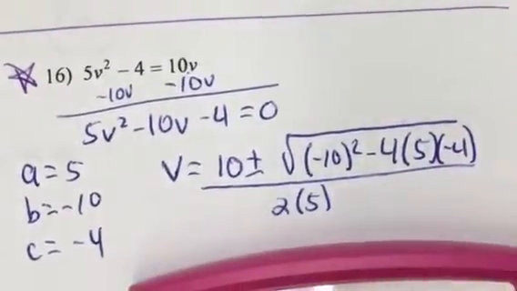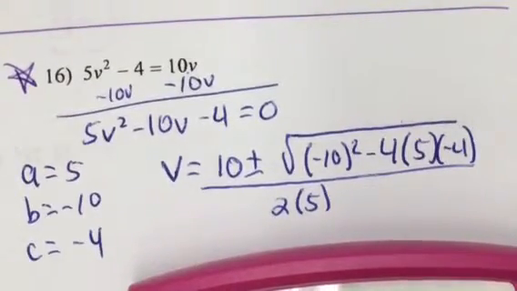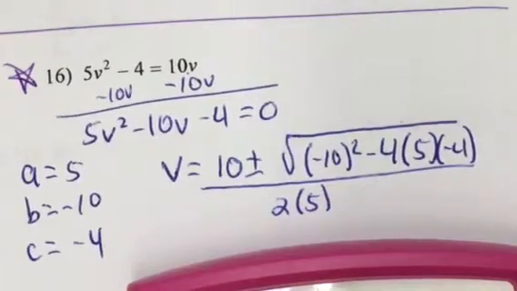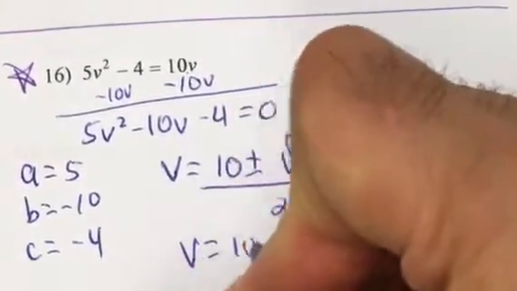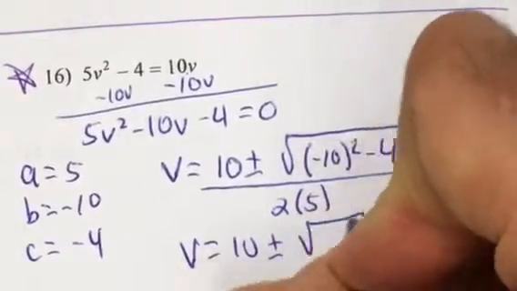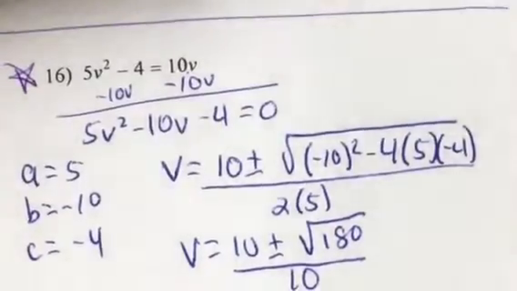Discriminant time. Negative 10 squared minus 4 times 5 times negative 4 is 180. So V equals 10 plus or minus the square root of 180 over 10.